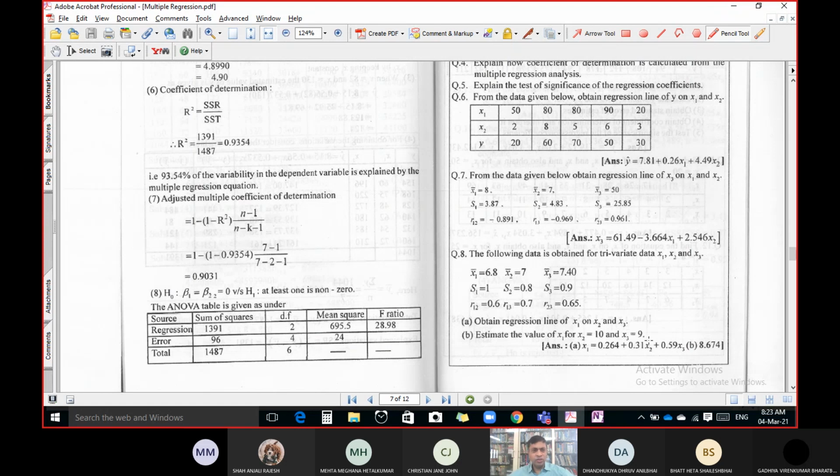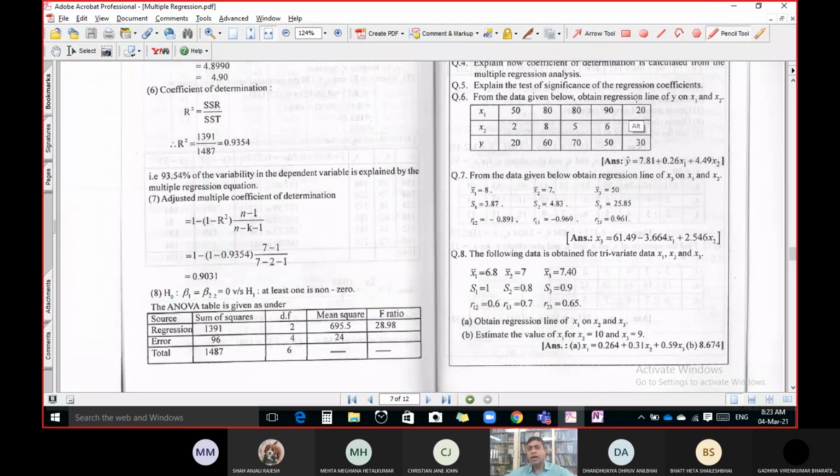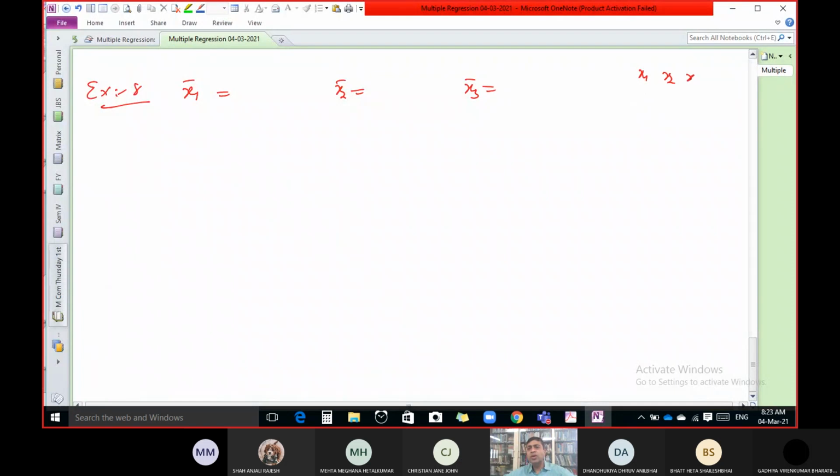So how to solve this question? Question number 8. What information we have? We have a value of x1 bar, x2 bar, x3 bar. Once we have data of x1, x2, x3, how to calculate x1 bar, x2 bar, x3 bar, you know that.